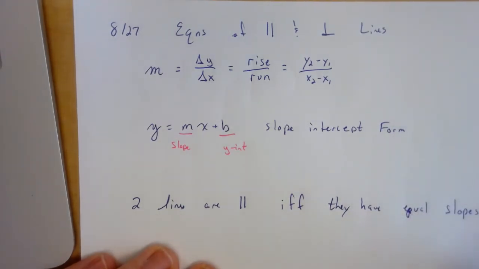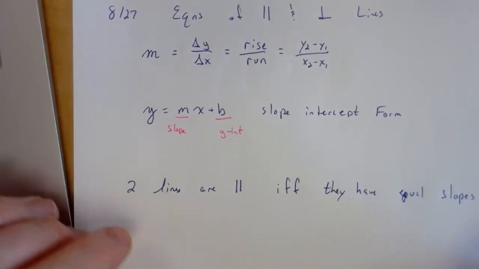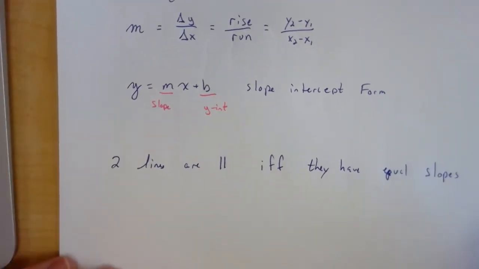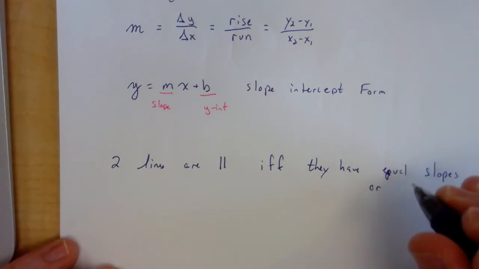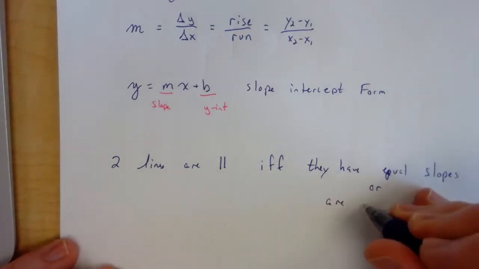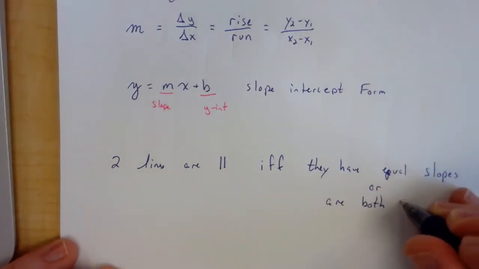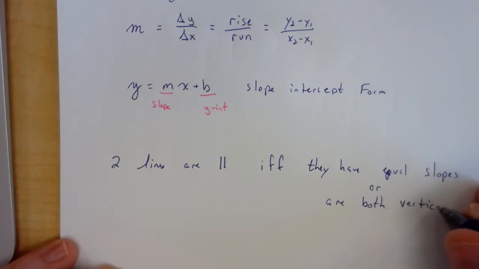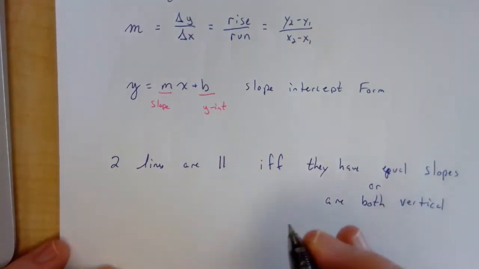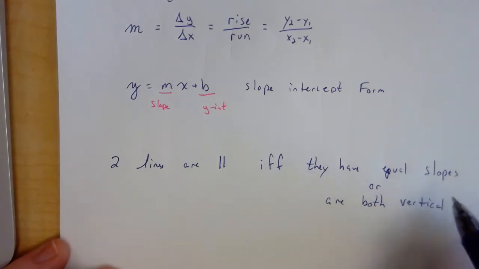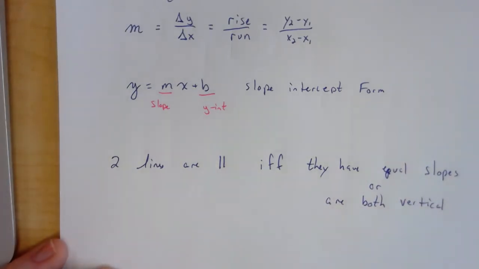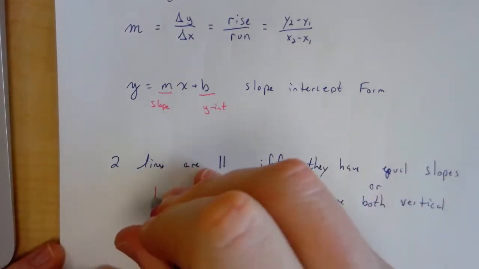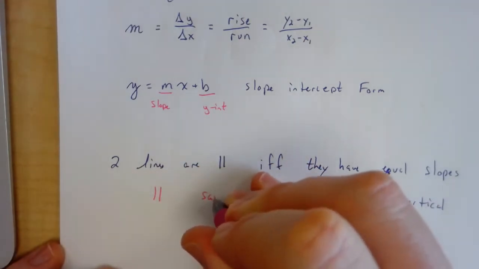That's supposed to be a Q. So if and only if they have equal slopes, okay? Or are both vertical, because technically their slope is infinite or undefined, all right? So two lines are parallel. When we hear parallel, we should think same slope.